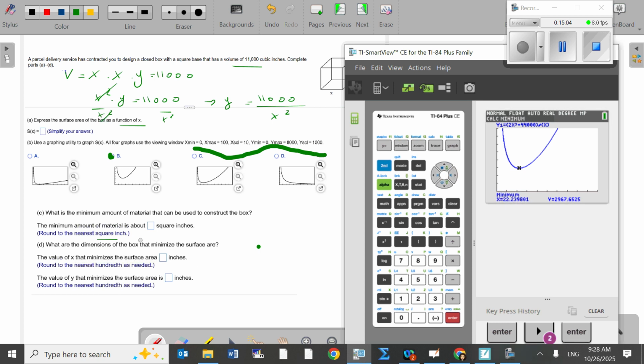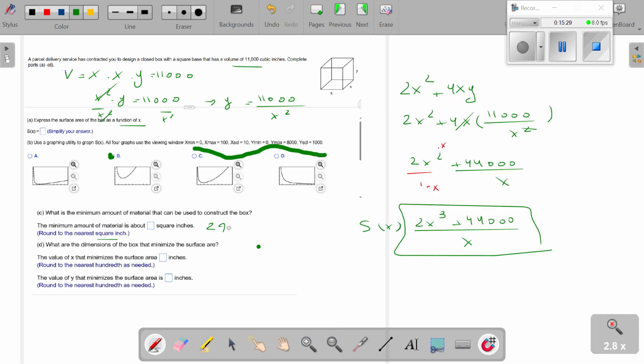So this y value is the minimum material that needs to be used, and this x is the value of x that minimizes the surface area, and then we're going to find the y after that. So let me write these values first here for you. Because it says round to the nearest square inch, this will be just 2968, and the x value which minimizes is 22.24.